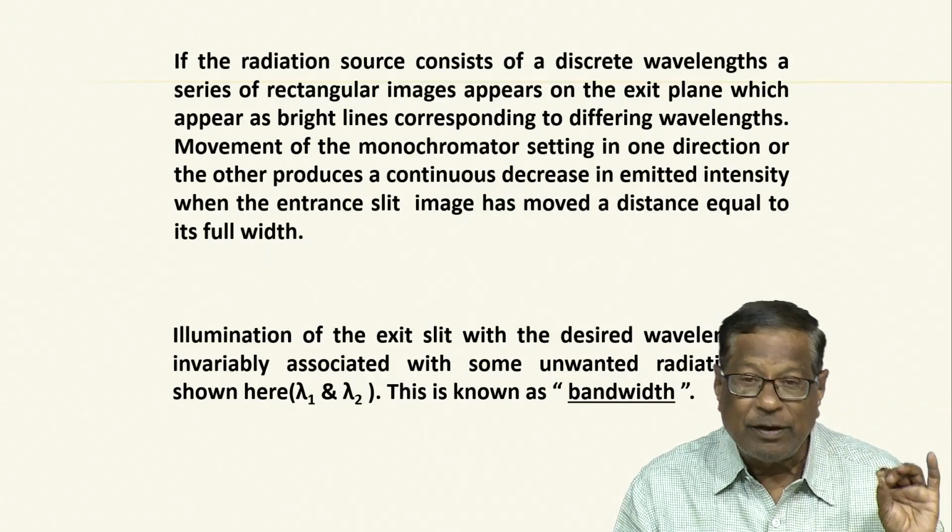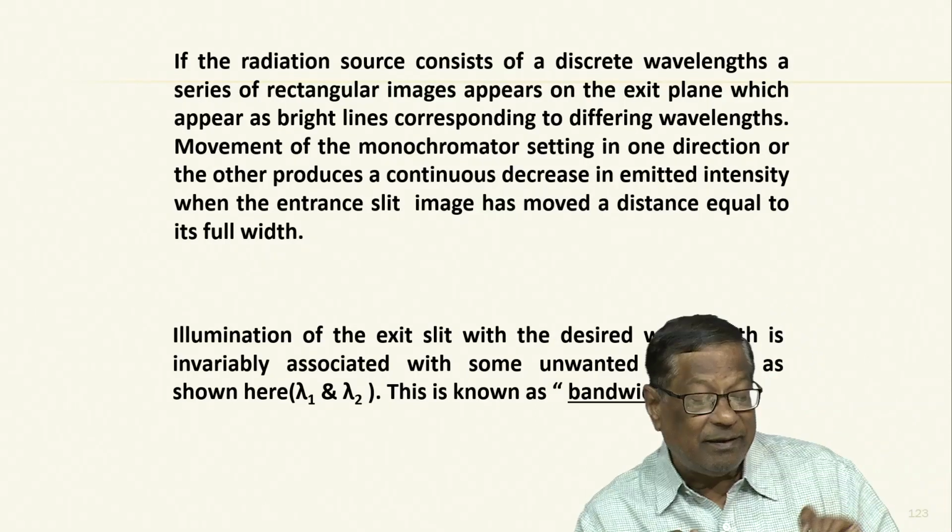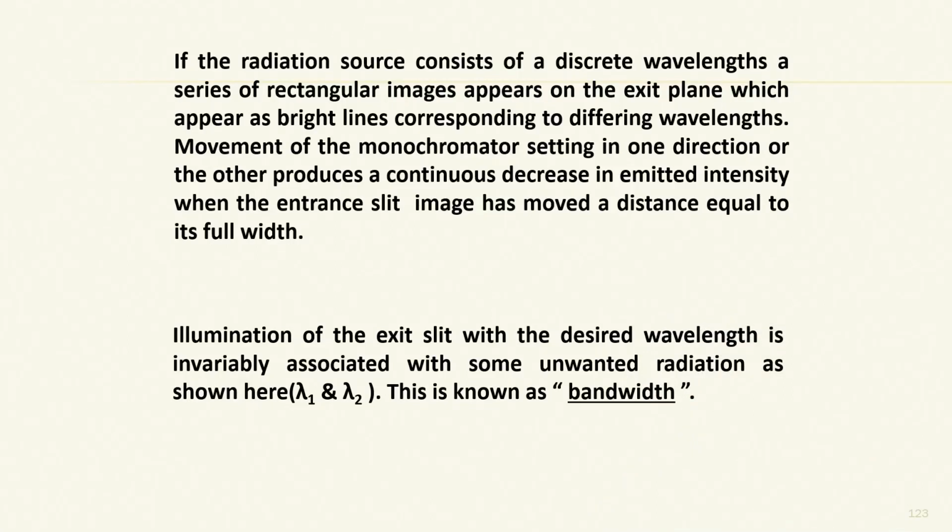So, illumination of the exit slit with the desired wavelength is invariably associated with some unwanted radiation, and this unwanted radiation normally is a radiation having slightly differing wavelength than what we have chosen.